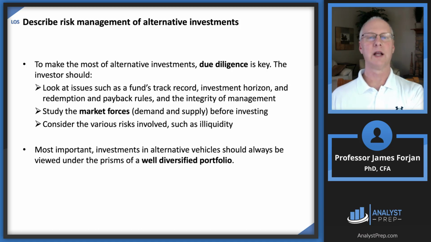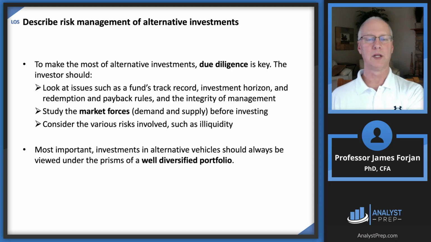Now, let's go ahead and take a lesson from Jerry Seinfeld and Steve Martin. For all of the investments and alternatives, due diligence is the key. So what do we need to make sure that we do as good financial analysts? We need to make sure that we go and investigate the quality of the underlying asset, whether it's a post office building or a mall or a vintage car.